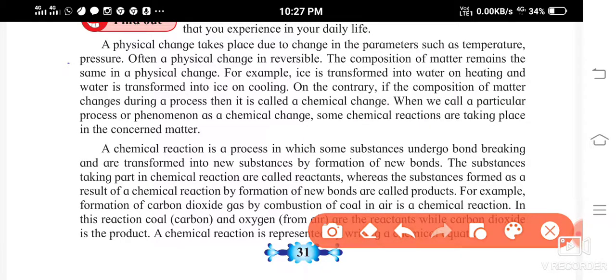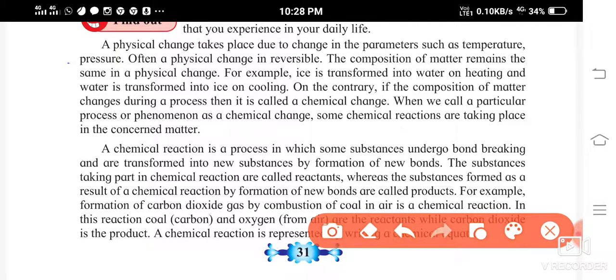When we call a particular process or phenomenon a chemical change, some chemical reactions are taking place in the concerned matter. A chemical reaction is a process in which some substances undergo bond breaking and are transformed into new substances by formation of new bonds. So when a chemical reaction takes place, some substances undergo bond breaking, that is, there is breakage of bonds in them, and sometimes there is formation of new bonds.